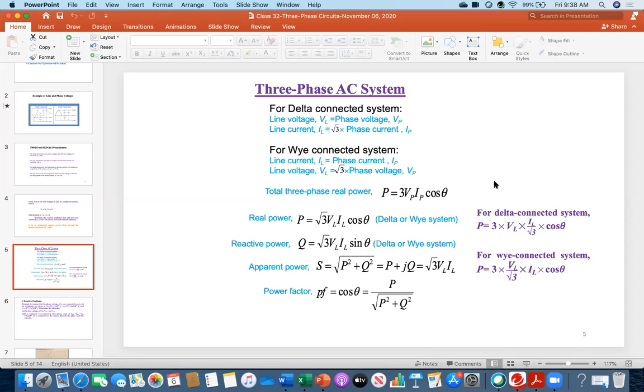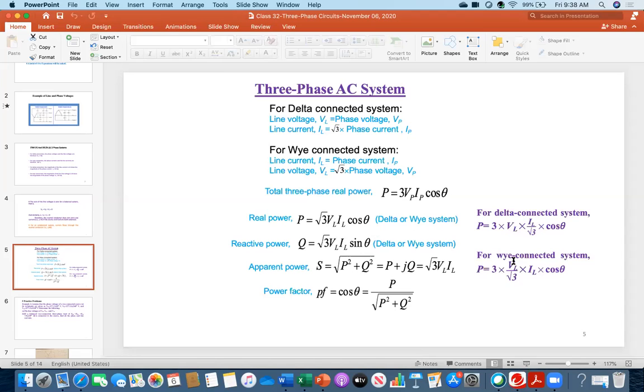For the delta connected system, what is the current relationship? IL is root 3 times IP. This means if you replace IP, it will be IL over root 3. That I am putting here. And then what are you getting? This root 3 here, and then root 3 will come here because this is 3. So what you will be getting? Root 3 VL IL cosine theta. That is the thing I have written here.